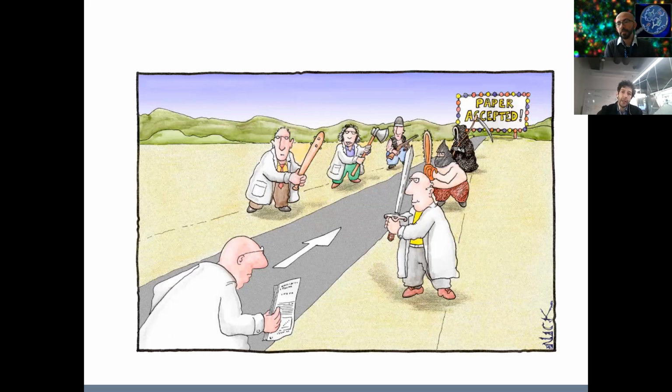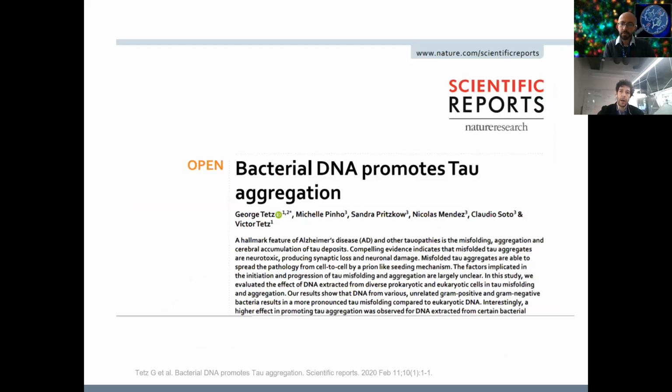That means when DNA of intracellularly localized bacteria is directly released to the neurons, where tau is normally present, it enables unique possibilities for the interaction of bacterial DNA with tau protein. So, finally, the paper was published.